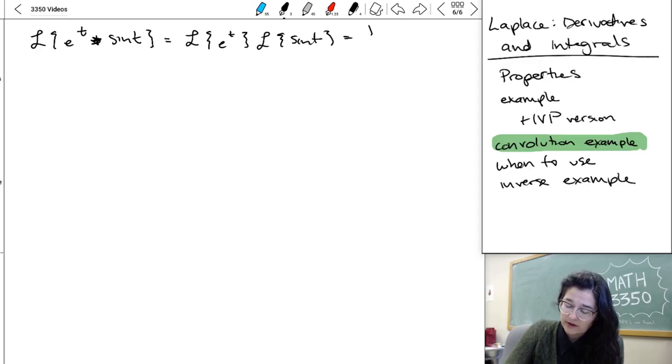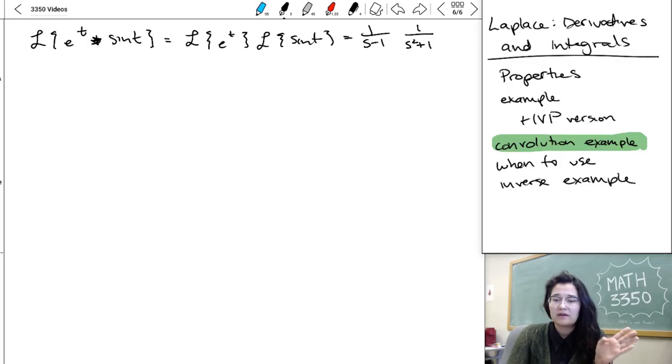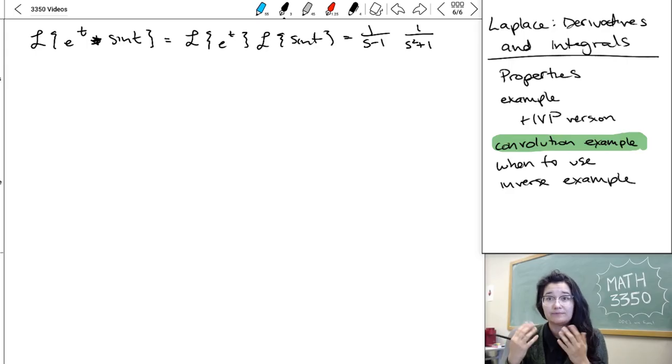It's just 1 over s minus 1 for the e^t, s minus a, and then for sine t, k is 1, so it's just 1 over s squared plus 1, where 1 squared is 1. So when you apply the property in that direction, it's very simple.